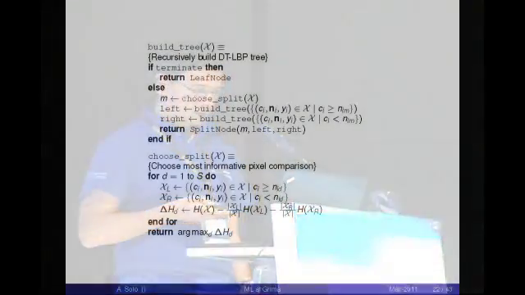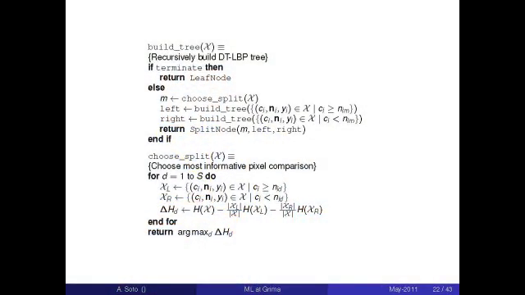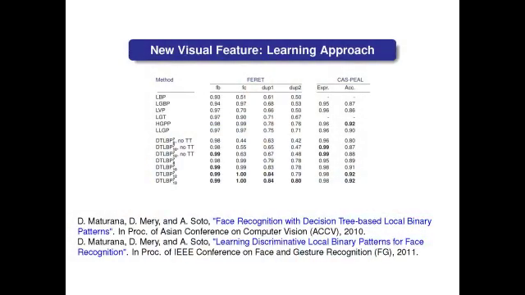For example, if the center pixel is less than some of the pixels in the neighborhood, and this and this and this, then you get good classification. So we use this rule as our local binary pattern. In this case, the local binary patterns are not fixed, but are given by the output of the training of the decision tree.